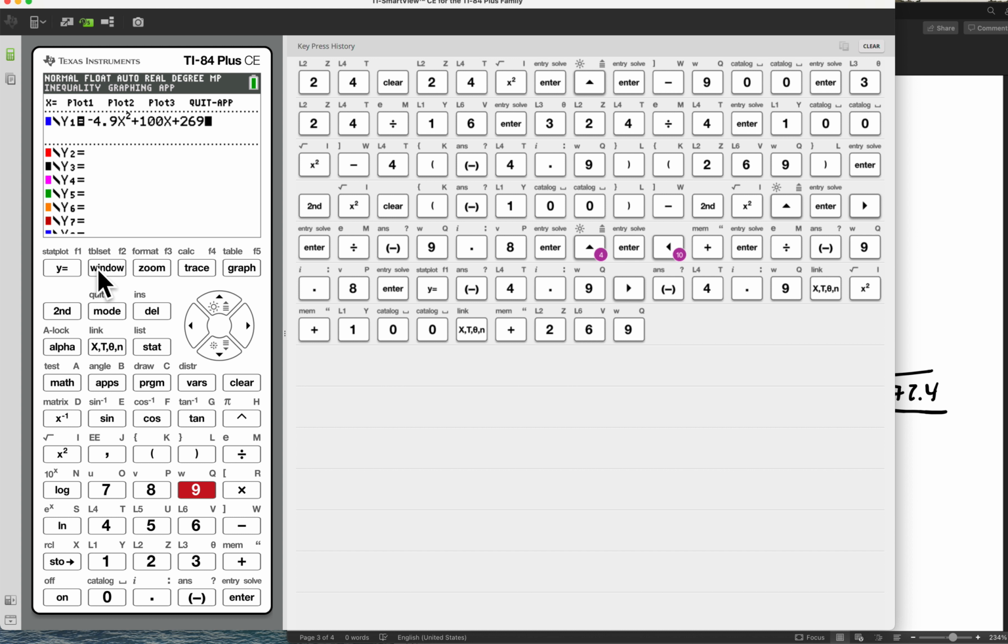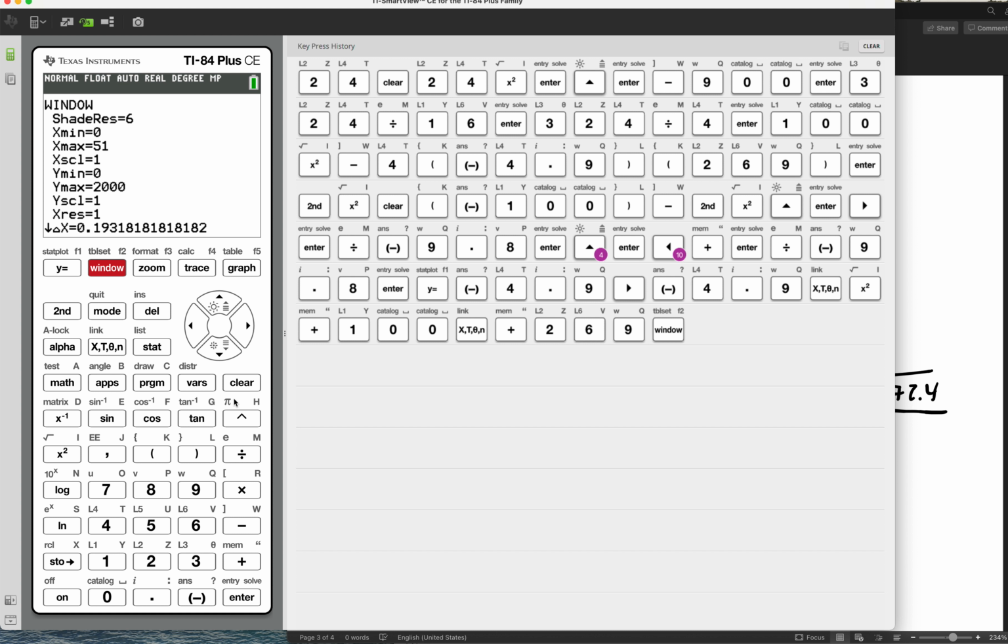And of course we're going to need to adjust our window because we know the rocket starts at 269 feet and the time it hits the ground is 22 seconds, so the max time would be 25, let's just say.